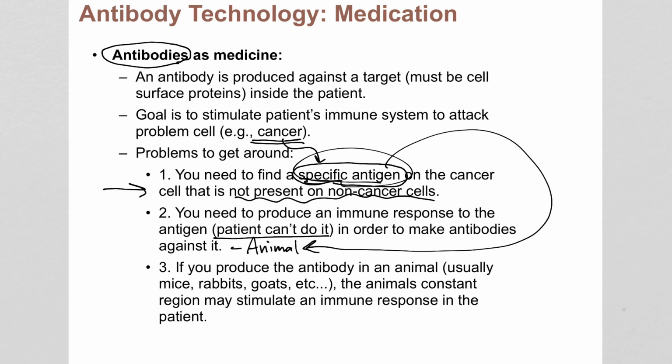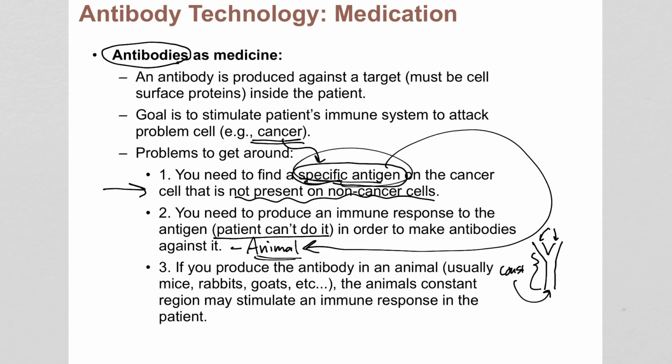Right? Now the problem is, remember, in the structure of an antibody, you have variable regions up here where the antigen binds, but then you also have constant regions, right, where your immune system is supposed to recognize the antibody. You can't have that constant region having the DNA sequence, the genetic sequence coding for it from the animal, because then when you inject it back into a human patient, it's going to look foreign.